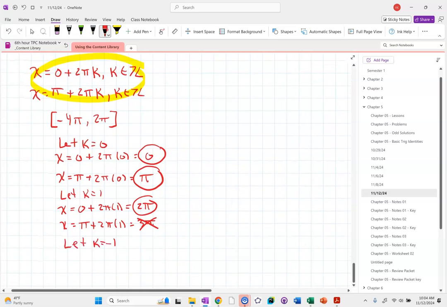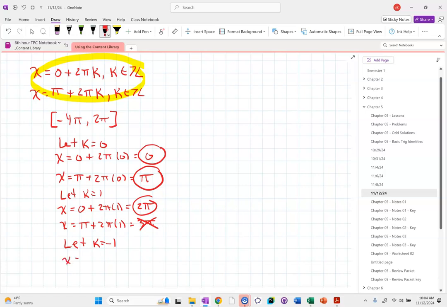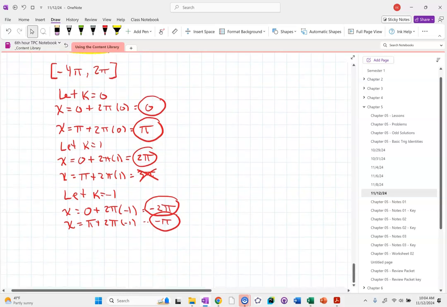So if I say, okay, k is negative 1, that gives me negative 2 pi for the first one, and then negative pi for the second. Both of those are inside our interval from negative 4 pi to 2 pi, so those are good.